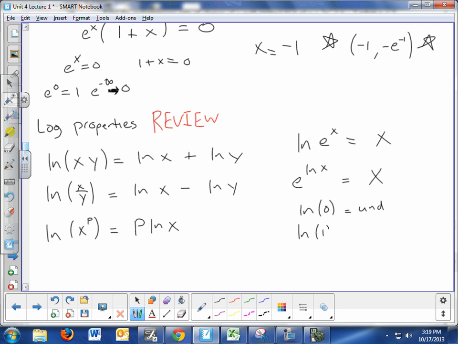However, the natural log of 1 is 0, and the natural log of e is just 1. We kind of have to remember these if we don't know them already. What this is saying is, if I took e to both sides, it would be like 1 is equal to e to the 0 power. So natural log of 1 equals 0 is like saying 1 is e to the 0 power.